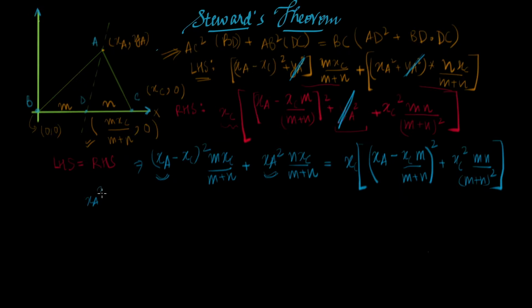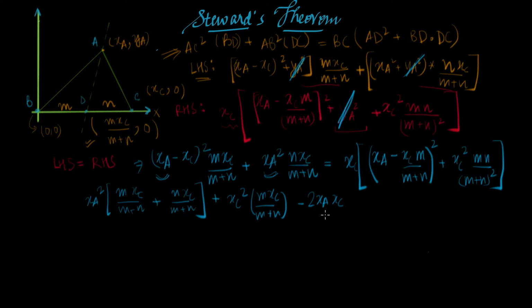So that gives us xa square times mxc from this coefficient, and we get an nxc from there, plus xc square times mxc upon m plus n minus 2xaxc from this times mxc upon m plus n.